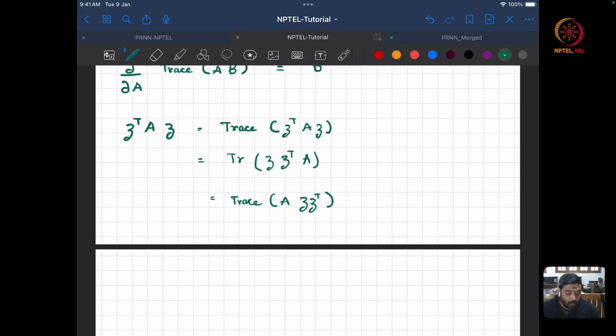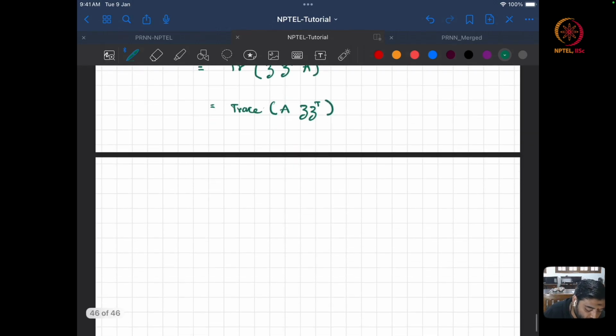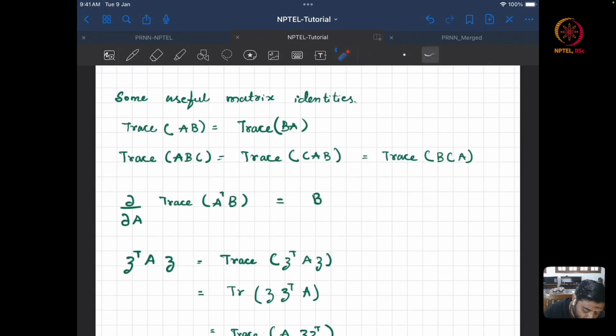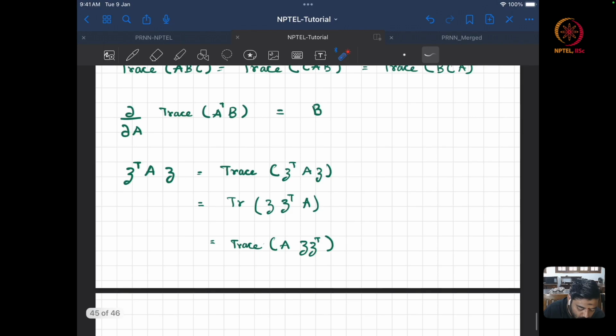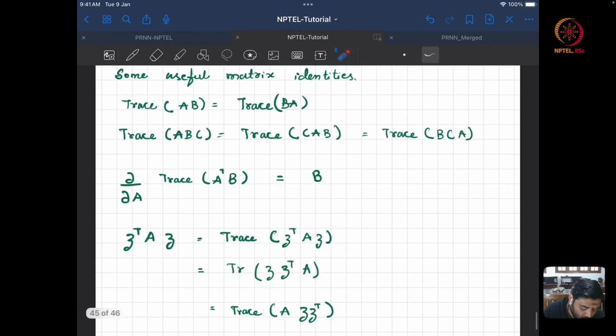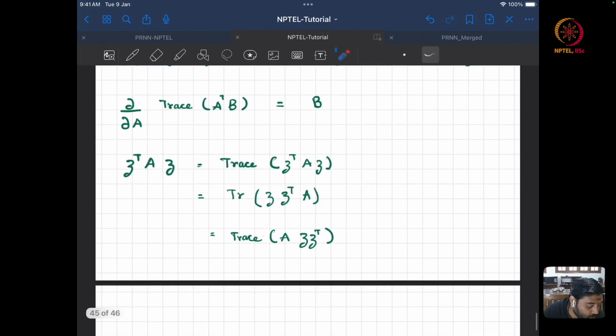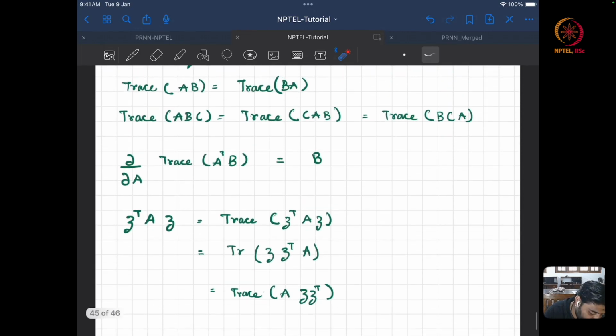Correct? Now what is the derivative of this? Okay, I forgot. The derivative with respect to A of trace of AB is B transpose.